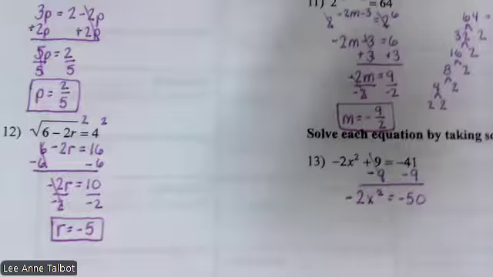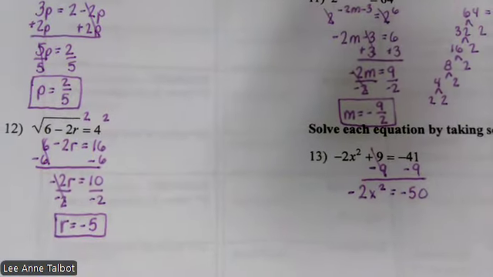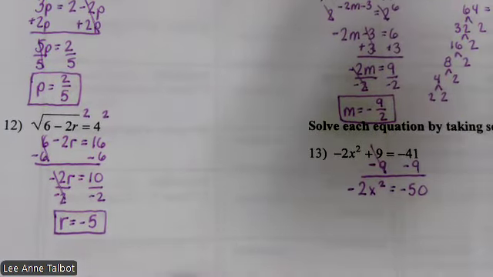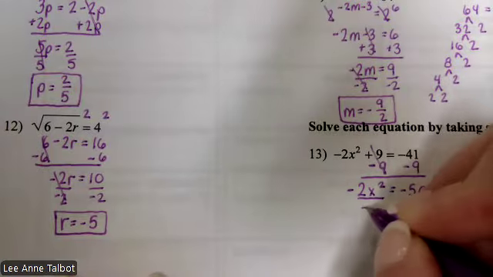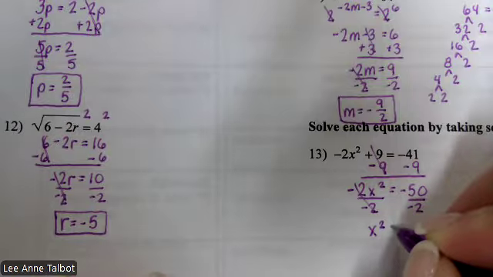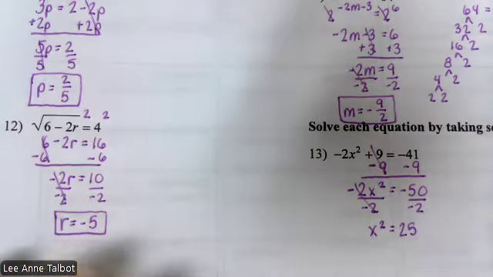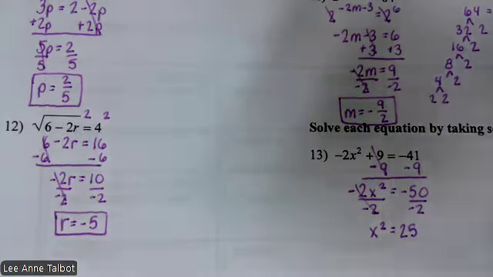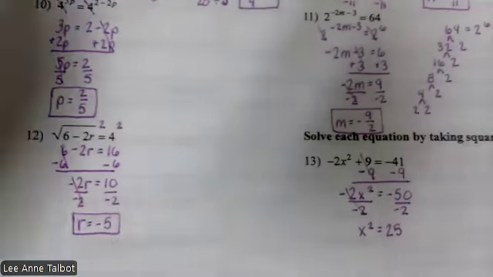It's already starting to look better. I still can't square root it. Now this makes sense to square root.